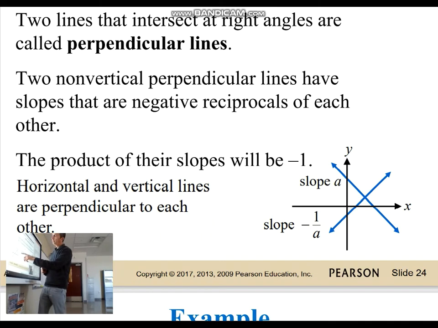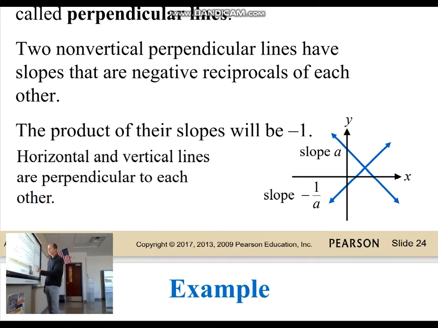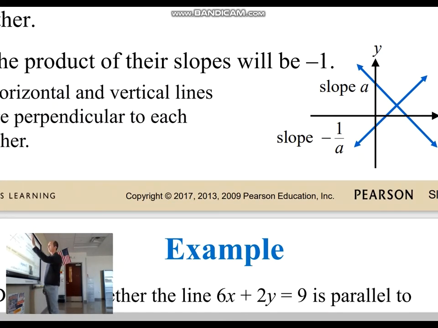If one has slope equal to A, the other one that's perpendicular is going to have slope equal to -1 over A. To find out if they are perpendicular, the best way is to multiply the slopes. If you find the result of the multiplication to be equal to -1, then you can say that the lines are perpendicular.